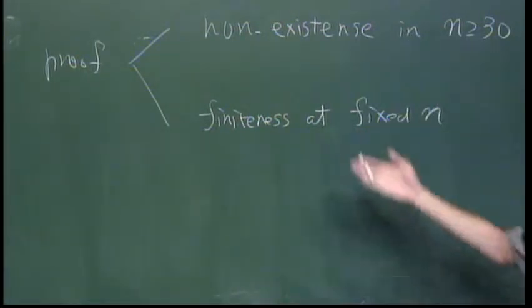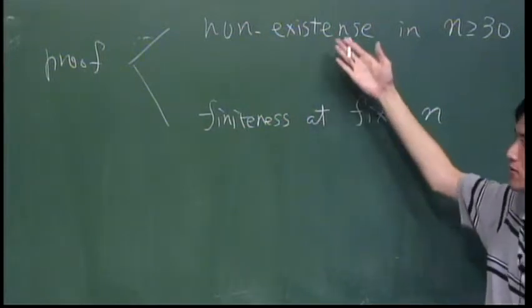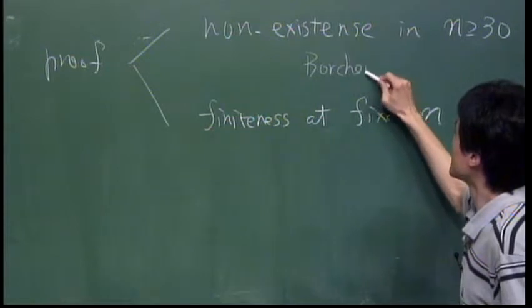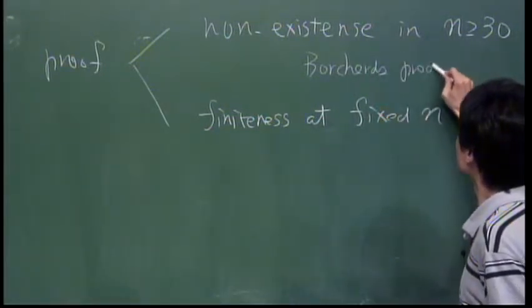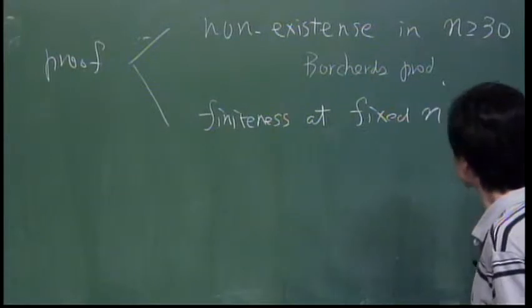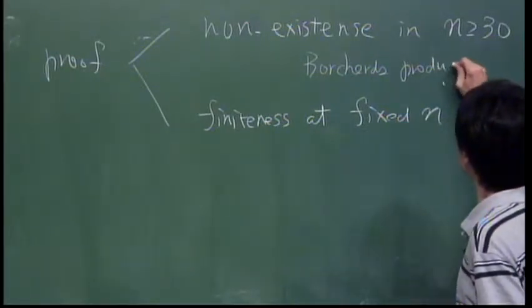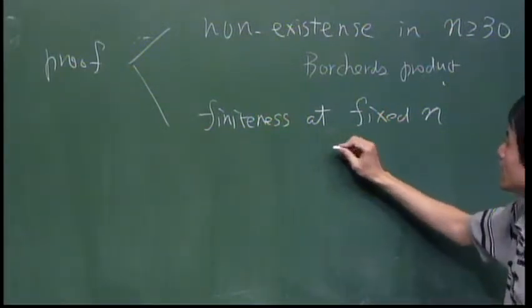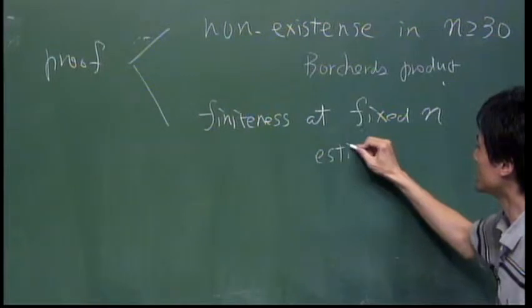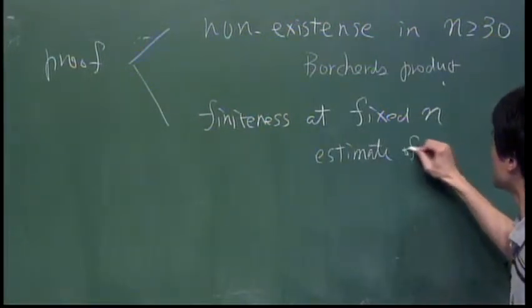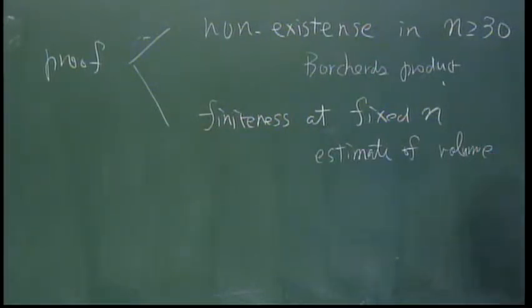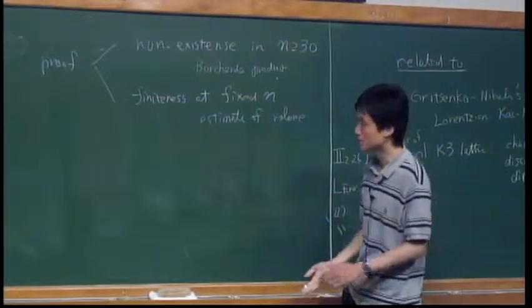The techniques used in these two steps are different. For the first step, I use the theory of Borcherds products. And for the finiteness step, I use an estimate of volume, between the modular varieties and the -2 Heegner divisors.